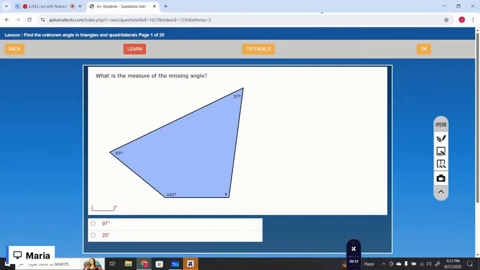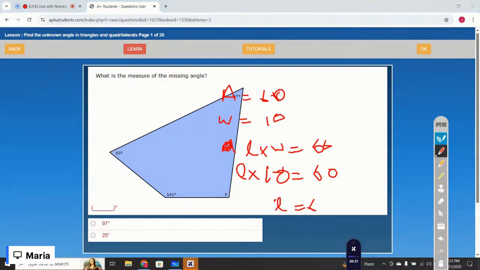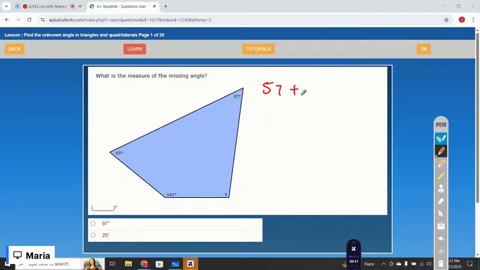What is the measure of the missing angle? So the sum of the angles in a four-sided shape must be 360. So the given angles are 57 plus 65, sorry, not 85, plus 141 plus the missing angle, and that equals 360. So the sum of the given angles, 57 plus 65 plus 141, is 263.